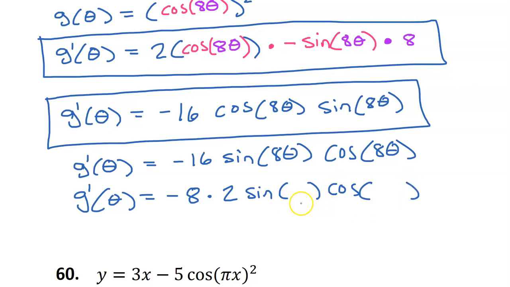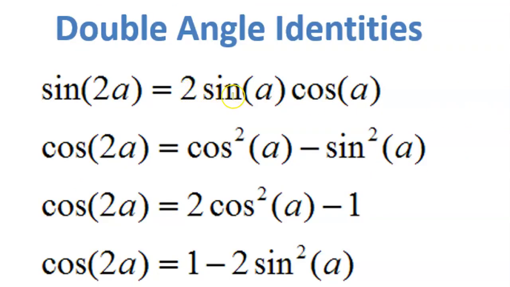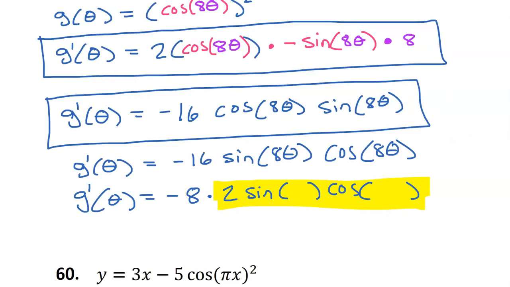Okay, I'm purposefully leaving the parentheses blank for a second because I don't want you to be distracted by the fact that there's an 8 theta inside. So I'm just going to leave these blank. But you see that this part right here is 2 sine cosine. And when we have 2 sine cosine, we can write sine of 2 theta. So that's what I'm going to do.